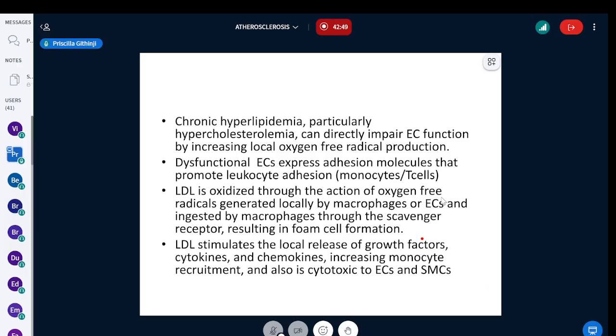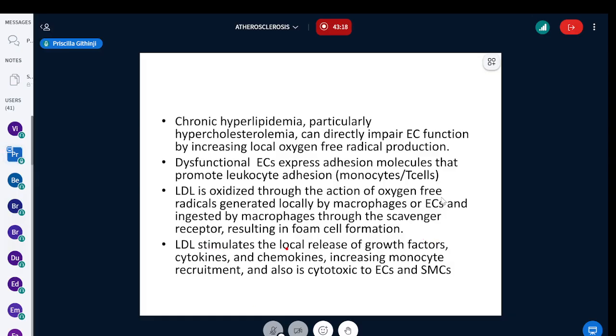So when these macrophages adhere and migrate into the intima, then they become macrophages. Then these lipids that are leaking from the blood into the intima are phagocytosed by these macrophages. And when these macrophages phagocytose the lipids, they're now called foam cells.